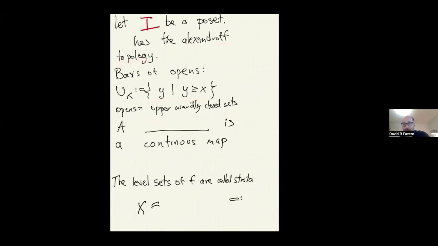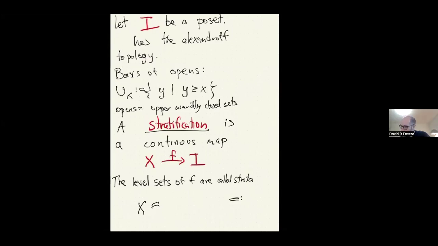I'm not going to get too technical with that, or try to understand it that well in this talk. It's just a formal way of encoding what I want to say. If you give a poset this topology, a stratification is just a continuous map from X to this poset.